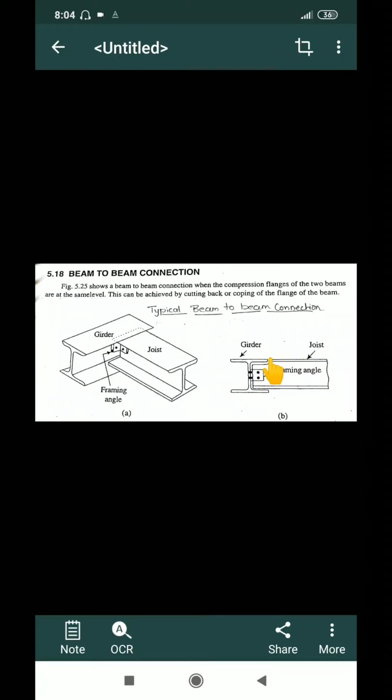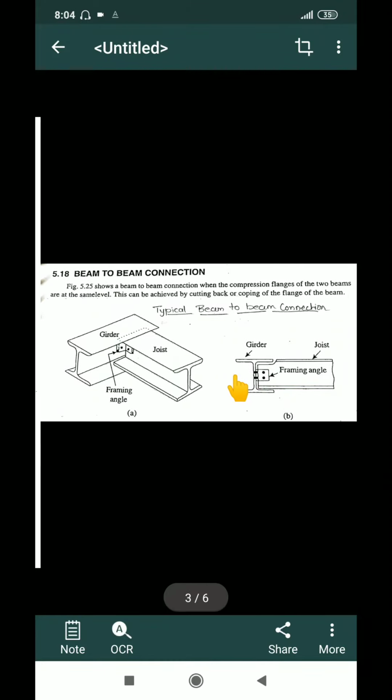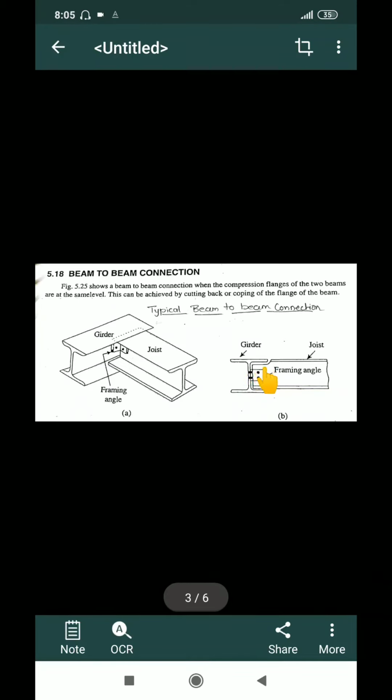Since these two flanges are on the same level, I can make a slight cut here, and then I can join the web of this joist to the web of this girder by providing a framing angle, and bolts will be provided on both legs of the angle.